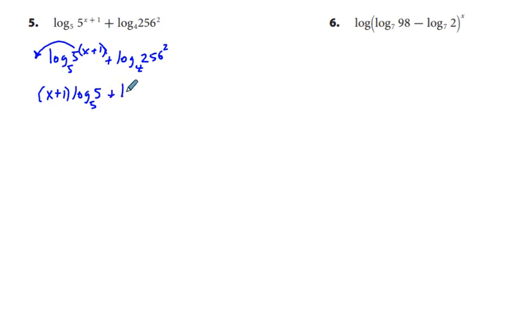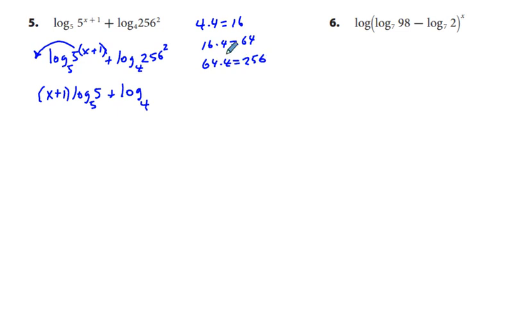Plus log base 4. If we can write 256 as a power of 2, or better yet, as a power of 4, that could be helpful here. Let's see, 4 times 4 equals 16. 16 times 4 equals 64. 64 times 4 equals 256.